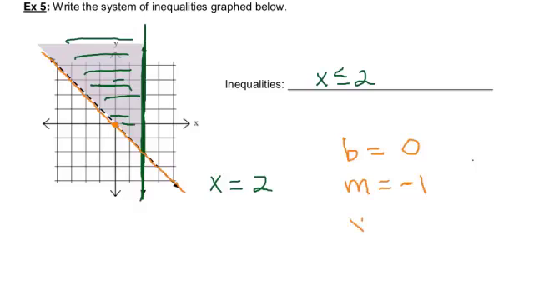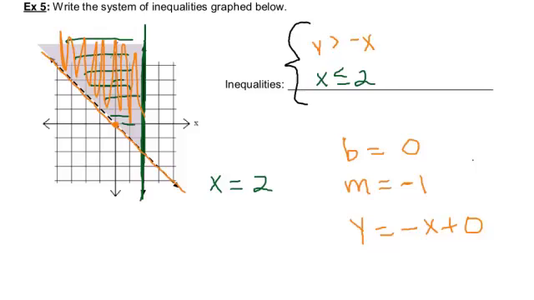So our equation is y equals negative x plus 0. Now we just need to figure out which inequality we need to use. Notice that we are shading above the line, so that is going to be greater than. So the inequality for this one is y is greater than negative x.